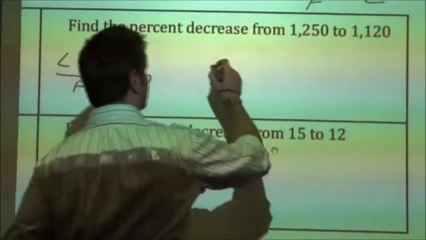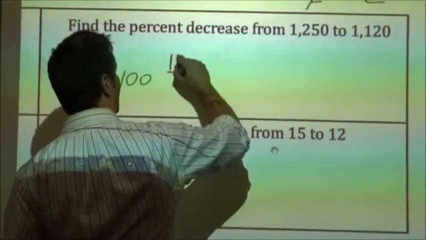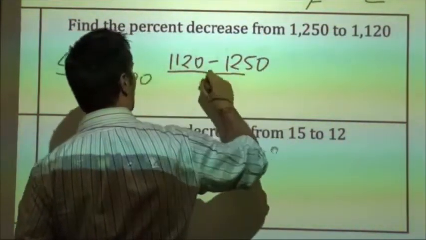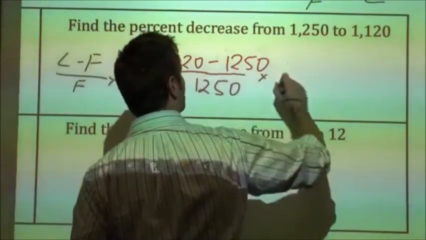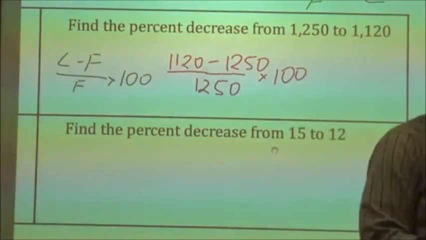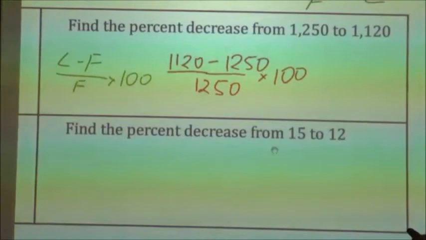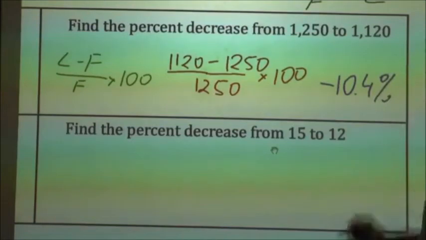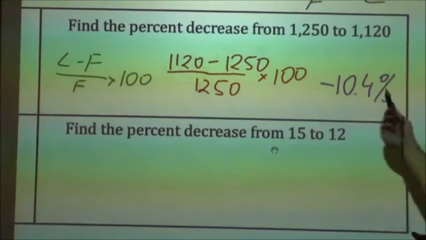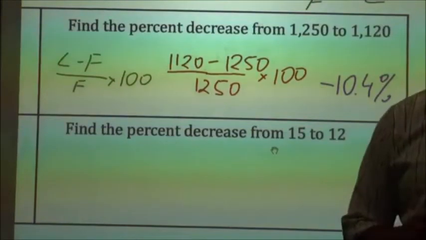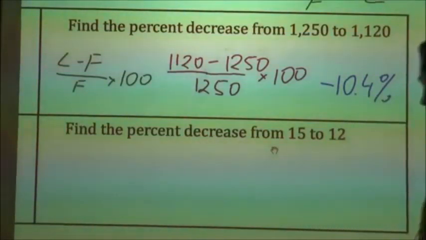In our case, 1120 minus 1250 over 1250 times 100 equals negative 130, negative 10.4%. Questions? Concerns? No? We good? All right.